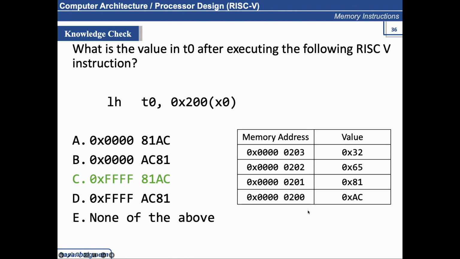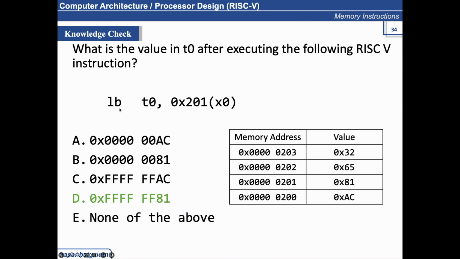Again, we are dealing with RISC-V, which follows a little endian format. So we have to read a half word, which means 2 bytes, starting from 200. So AC 81, and again because of 81, the upper 2 bytes will copy the sign. Do not get confused if you see such kinds of variations.